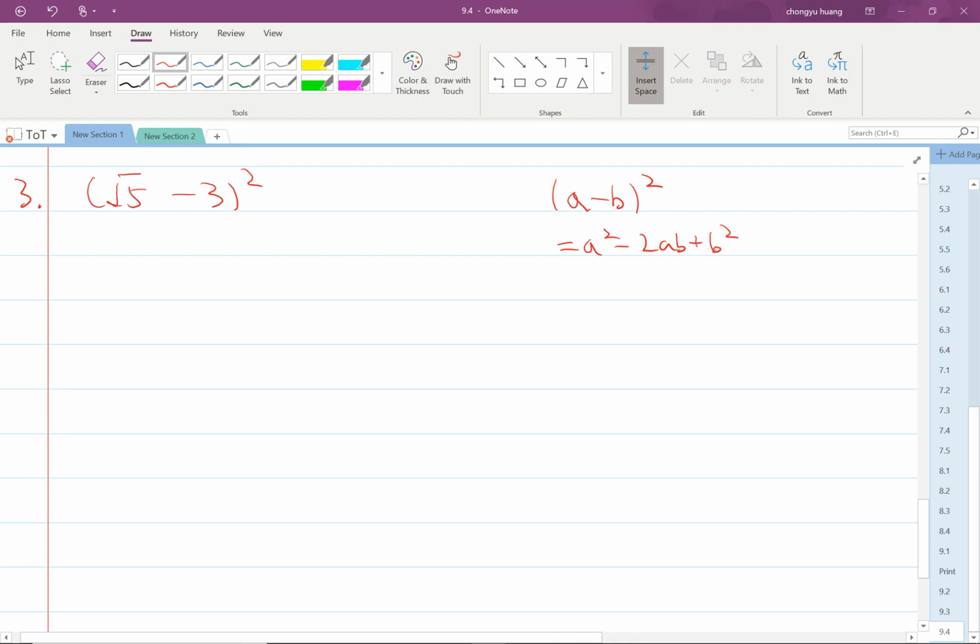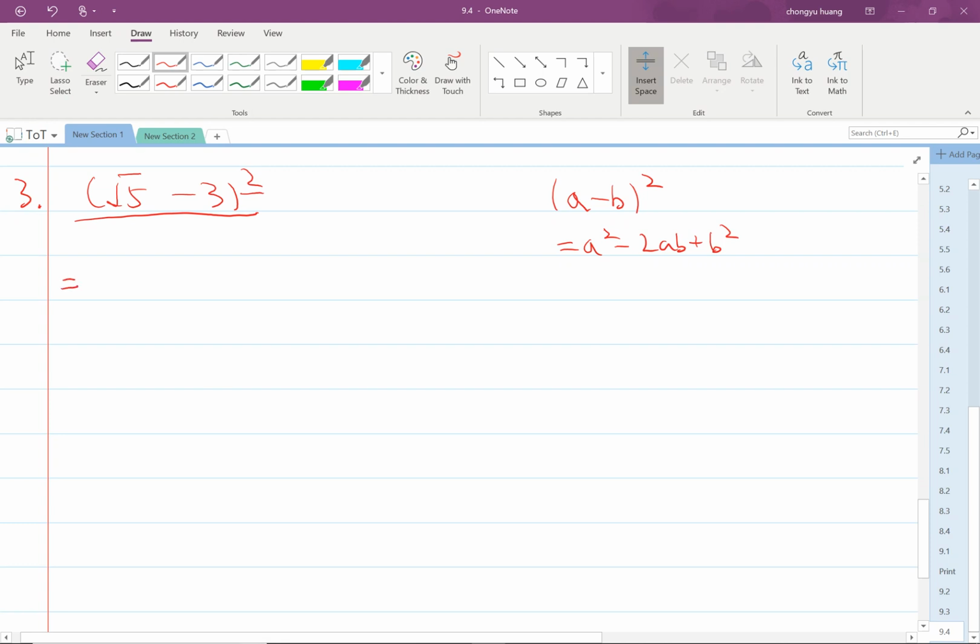We are going to use this property to solve this radical problem. Let me read the question first. The question is bracket square root of 5 minus 3 bracket to the power 2.